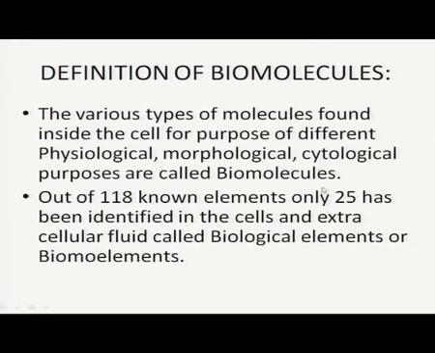Out of 118, 25 have been identified as present in the cell or extracellular fluid, that is ECF. These are called biological elements or bioelements. So, we can define in some way that the various types of molecules found inside the cell for different physiological, morphological and cytological purposes are called biomolecules.